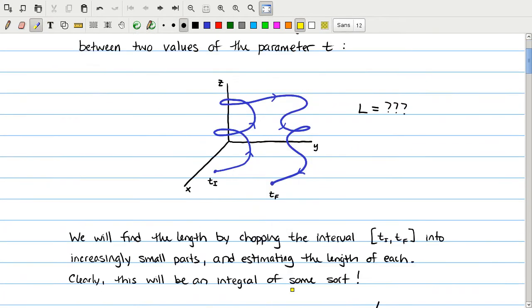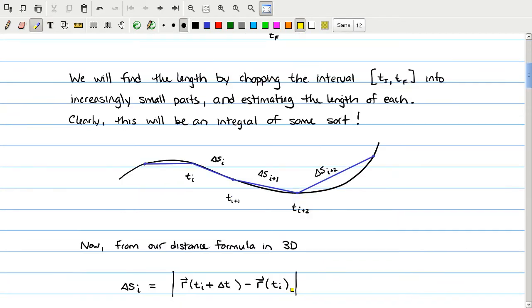But the way we do it is by chopping the time interval, the parameter interval t, into small pieces. And when we chop the parameter interval t into small pieces, we end up also chopping the curve into small pieces. So here I have a bunch of different times. I keep using the word time, but they're really just parameters.